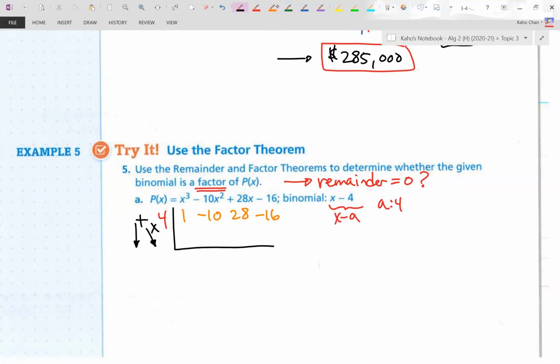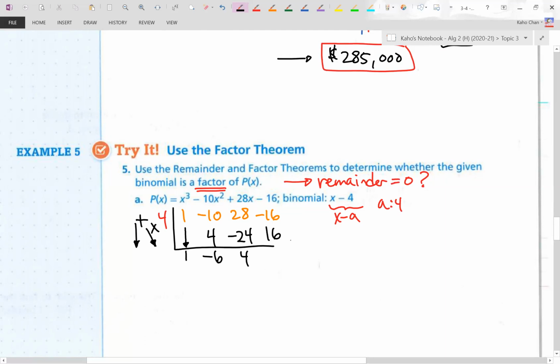Very cool. I'm going to do less writing with the arrows. Please be patient. Add the first column: 1. Multiply, add, multiply, add, multiply. Bingo. I hope I didn't go too fast there. I kind of left out all the arrows.